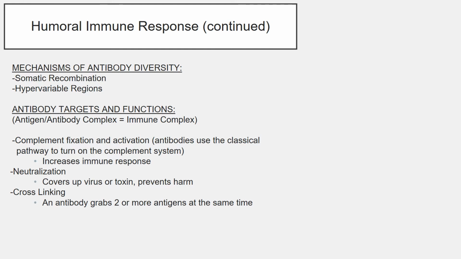Antibodies bind sites on viruses or bacterial exotoxins. It blocks them so that they can't bind to body cell receptors, which then forms antigen-antibody complexes, and they are phagocytized. Cross-linking is when an antibody grabs 2 or more antigens at a time. This makes aggregation of cells and makes it easier to phagocytize.